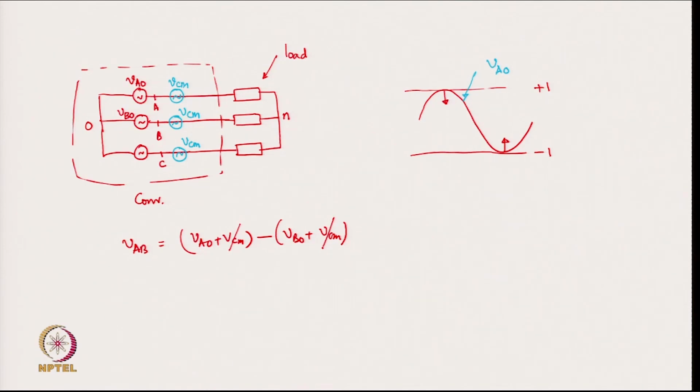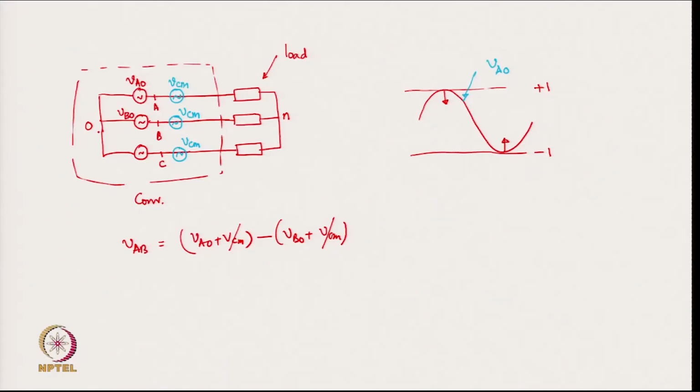So, whatever we are going to add to this sine wave, so as to push the sine wave down here and up here, it must be a common mode voltage, so that it does not appear in the line, and if it does not appear in the line, it will not appear across the load, because the points N and O are isolated.